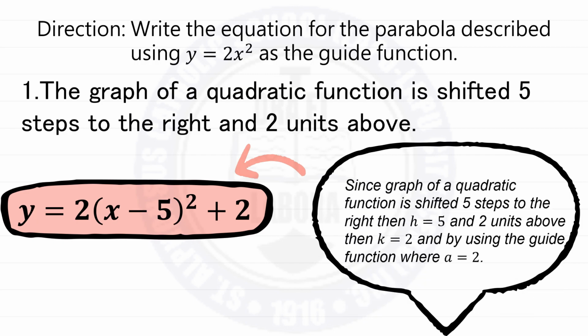Since the graph is shifted 5 steps to the right, the value of h is positive 5, and 2 units above means the value of k is positive 2. Using the guide function y equals 2x squared, where a is 2, we arrive with y equals 2 times quantity x minus 5 squared plus 2.